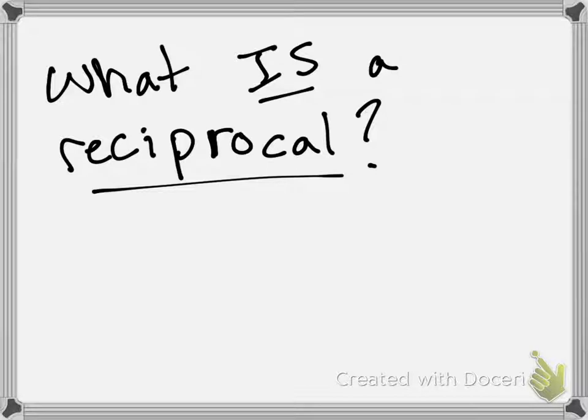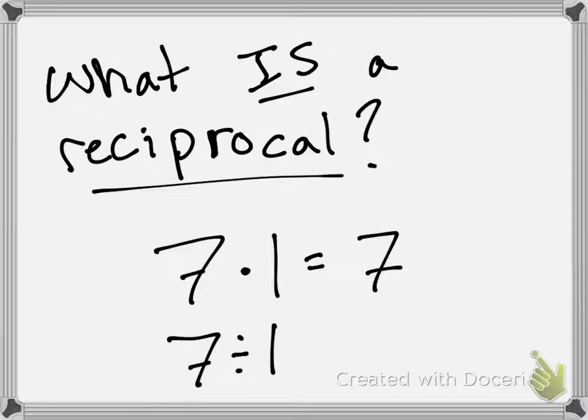And the reason that we're doing this, when we do this, what's 7 times 1? Miles? 7. What's 7 divided by 1? 7. When we do anything by 1, are we actually changing the problem? No, we're not changing the problem.